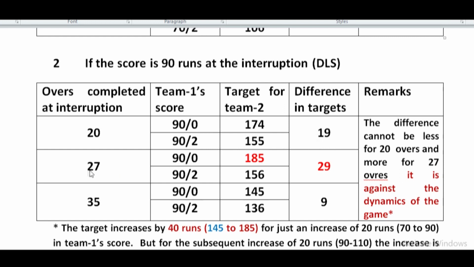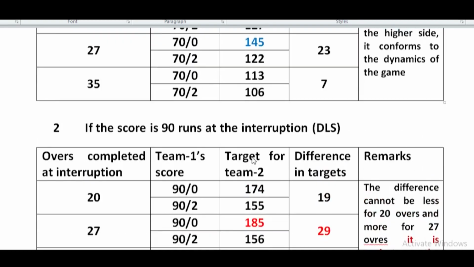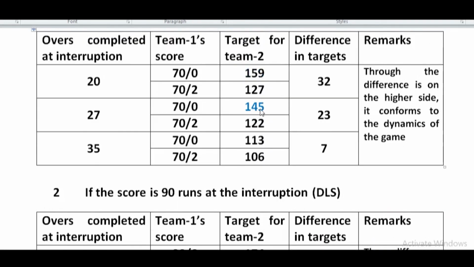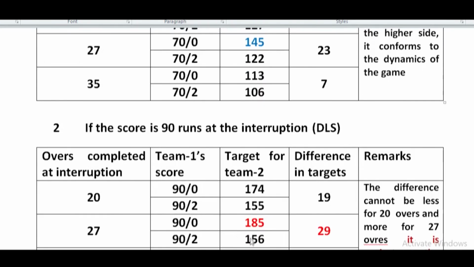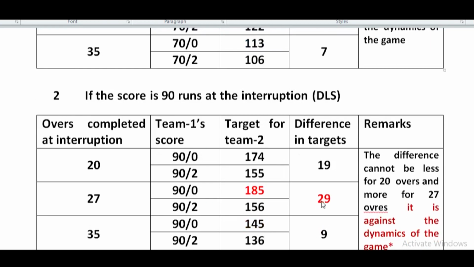But if the interruption is taking place after 27 overs, you can see the target is suddenly shooting up. Here in the previous case it was 145 only, and just for 20 runs increase in team 1's score, that is from 70 to 90, the target is increased to 185, and that is why a huge difference you can see here, 29 runs.